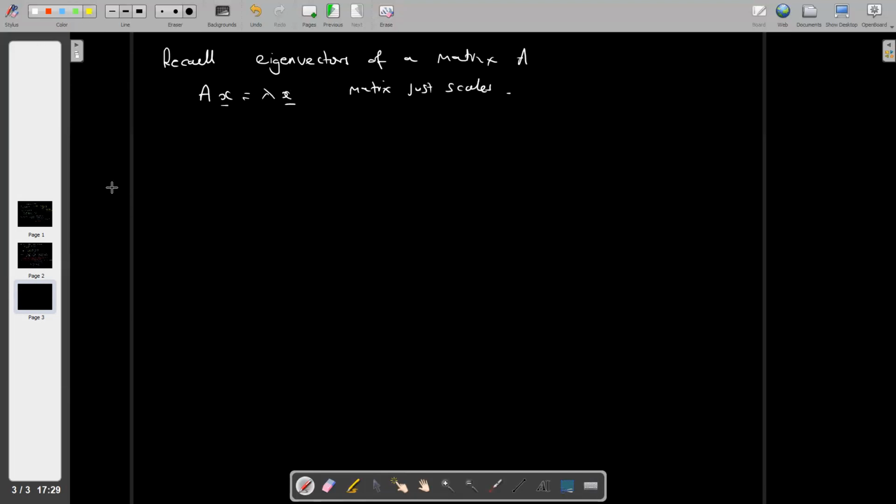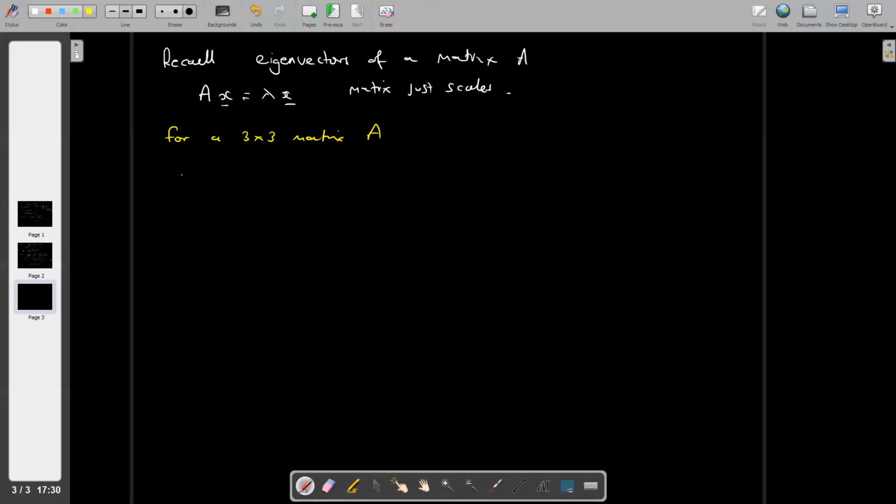So let's define a few things now. Let's just consider a 3 by 3 case, but we could think of this for any n by n. So a 3 by 3 matrix A. I'm going to do the rest of the working for 3 by 3 matrices, but it could generalize easily enough.